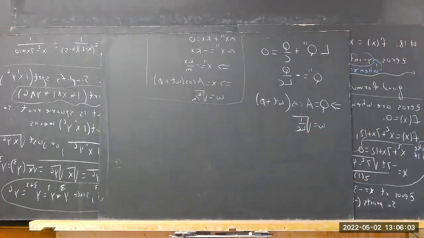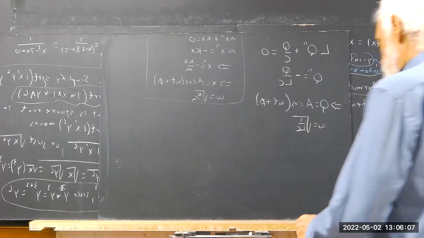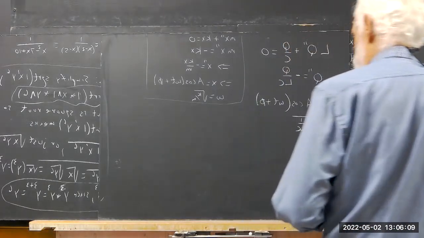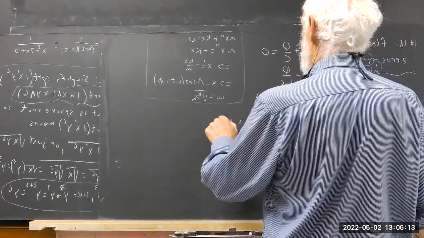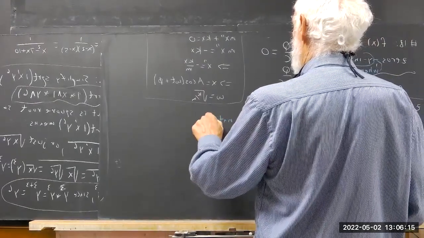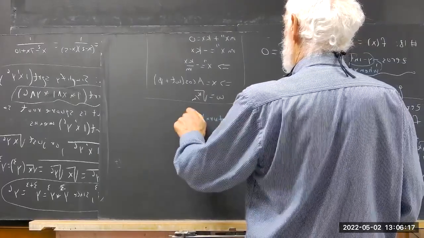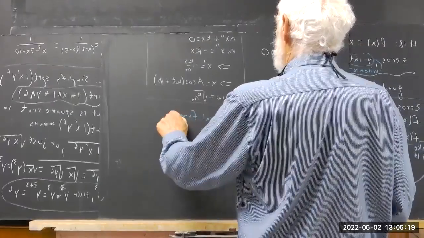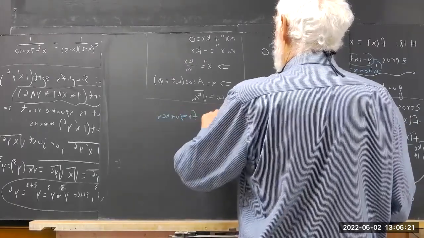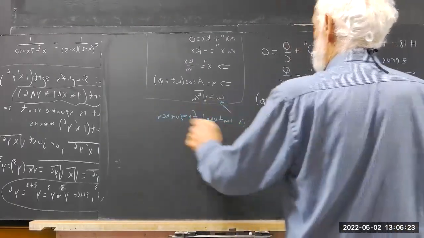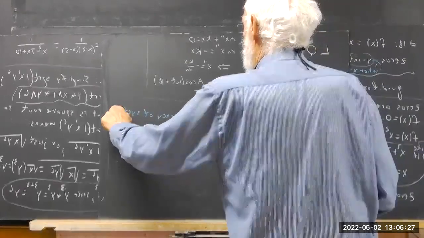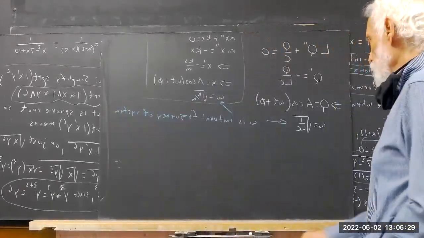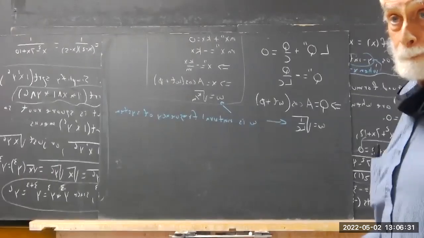Omega is the square root of 1 over LC. I really need to understand that.